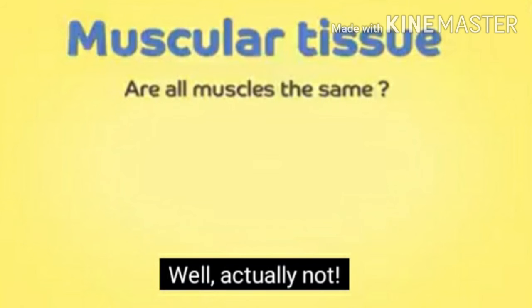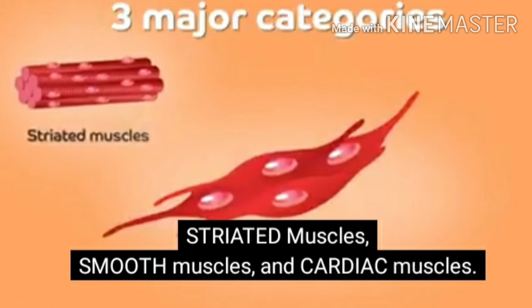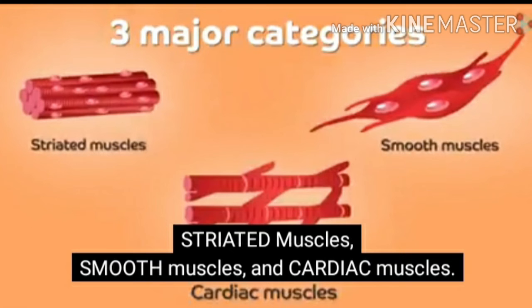Are all muscles the same? Well, actually not. Depending upon their functions, muscles are of various types: striated muscles, smooth muscles, and cardiac muscles.